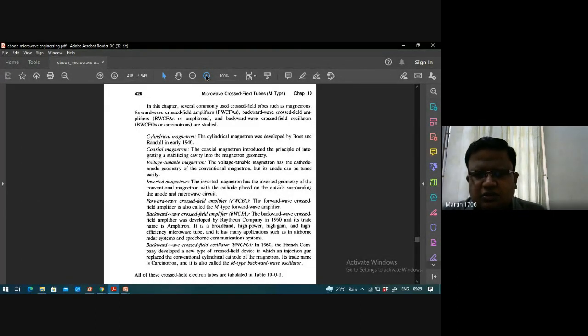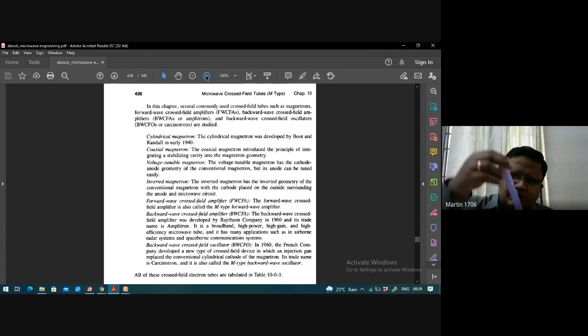Actually, the word magnetron is nothing but to improvise the field in a different pattern. Based on the shape, you can see a cylinder. How will the cylinder shape be? You can just imagine it is a thick pen.